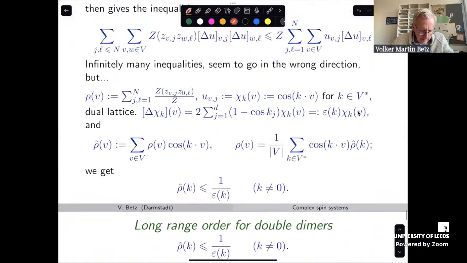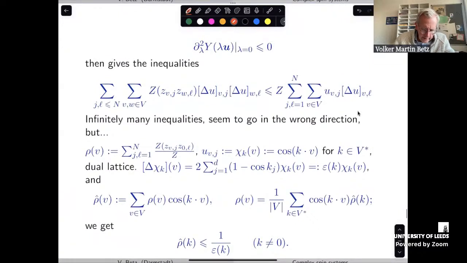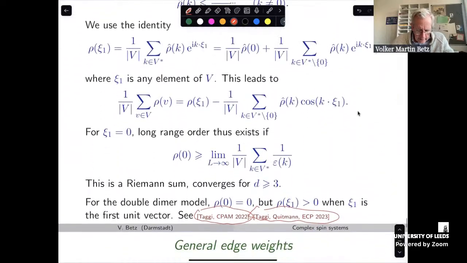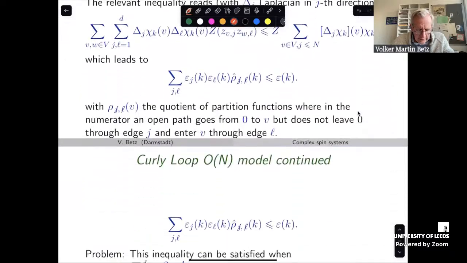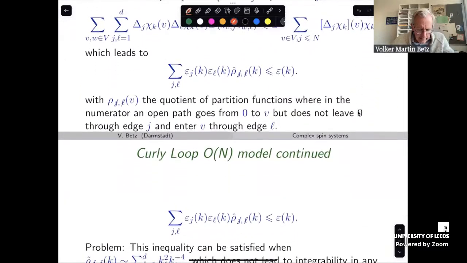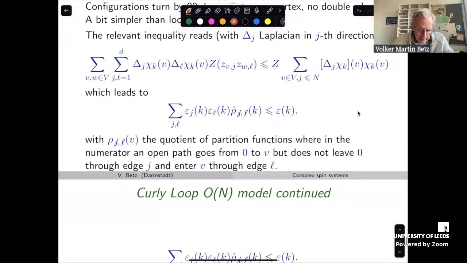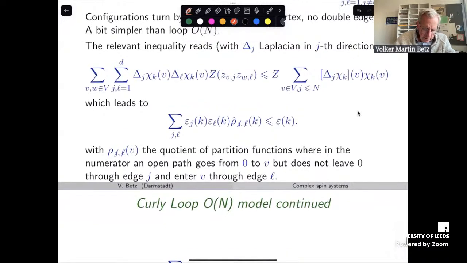Let me look for it. It's this one. It's the Laplace u here, Laplace u here. And with these edge weights, which are not always the same, you don't really get the Laplace operator. What you really get is this epsilon_J(k), which is something like k squared for small k. And this is actually the sum over k of J_k k squared.